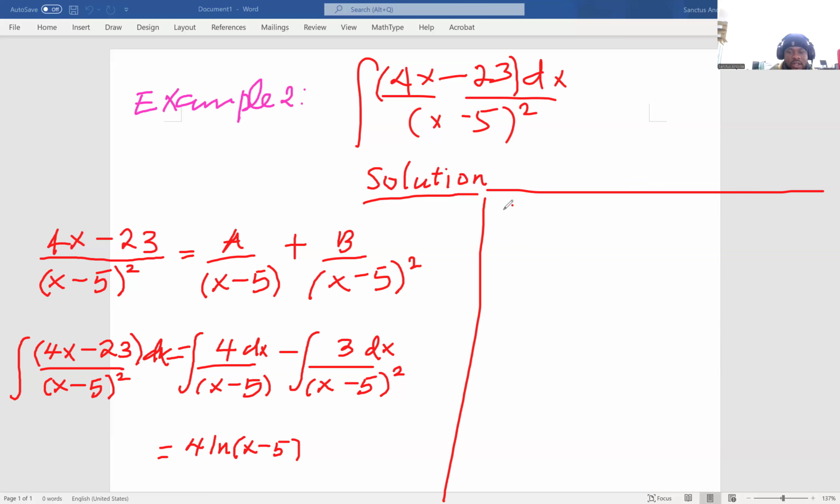Now, the integral of 3 over x minus 5 to the power 2. Okay. To integrate this, we're going to say let u, that is the integration by substitution method. So let u be equal to x minus 5.